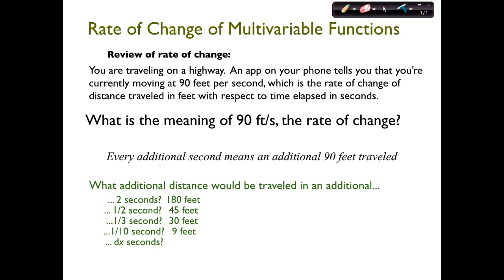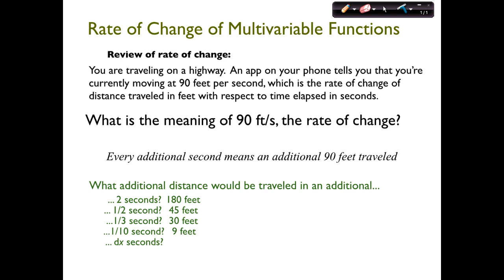How far do you go in any variation in time, dx seconds? If dx is your little variation in time, in that variation in time you go? Look at the pattern. In 2 seconds you go 180 feet.